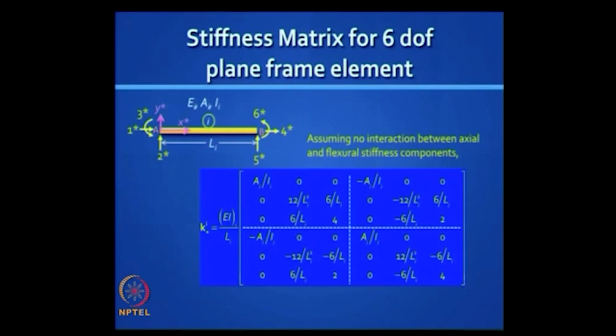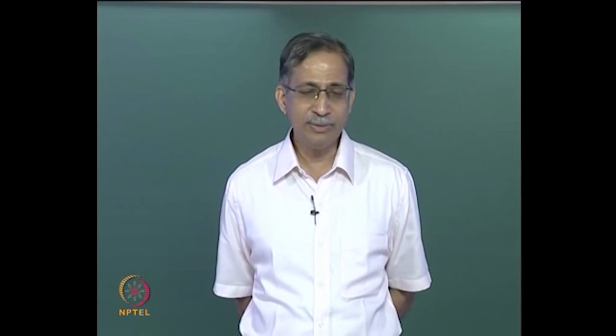This is a large matrix and it's a singular matrix. What is the rank of this matrix? 3. And one way of understanding why the rank is 3 is that mathematically you have 3 dependent rows or columns, but physically what does it mean? Physically, for a stiffness matrix to be non-singular, you have to make the element stable.